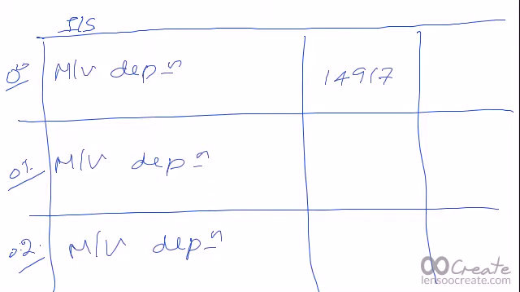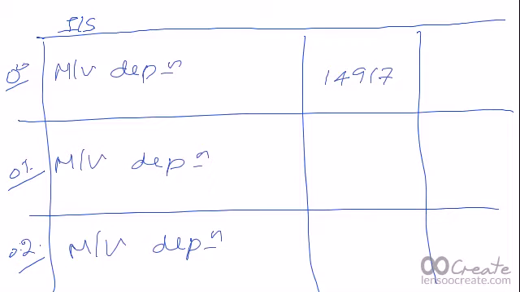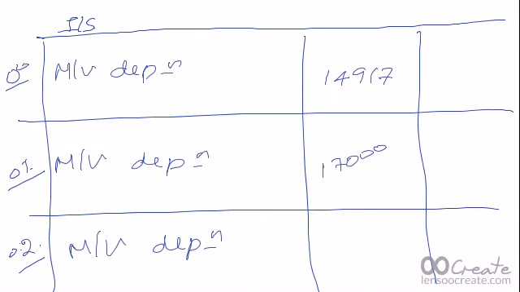For the second year, it is 17,000. And for the third year, again, it will be 17,000.